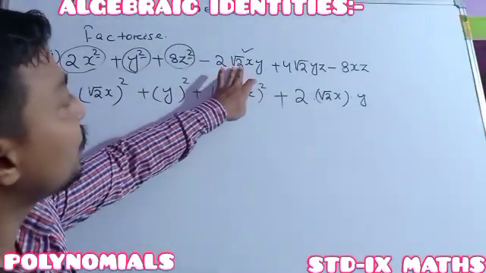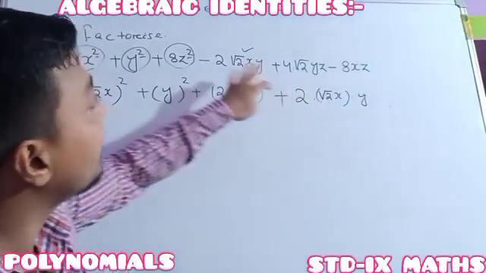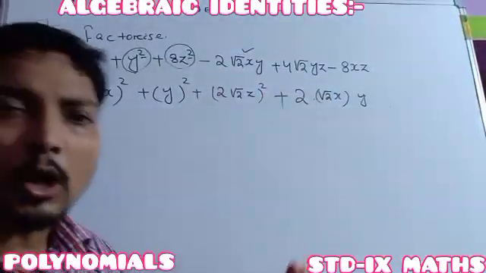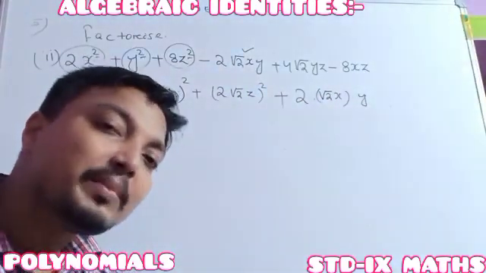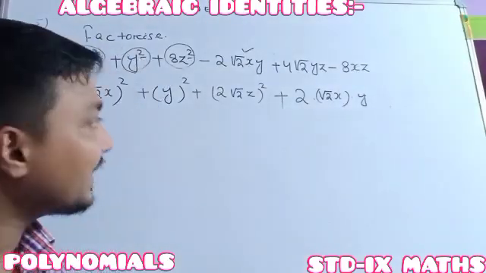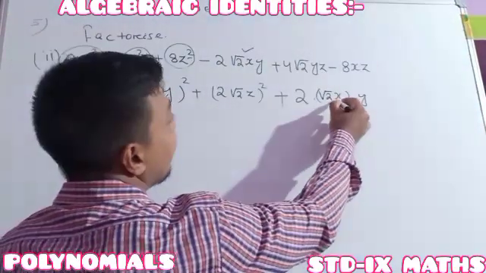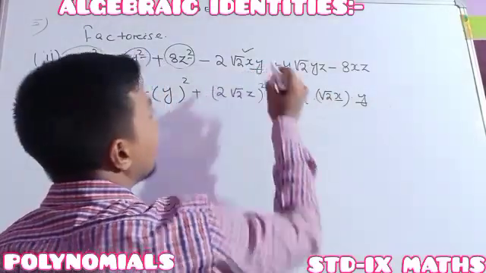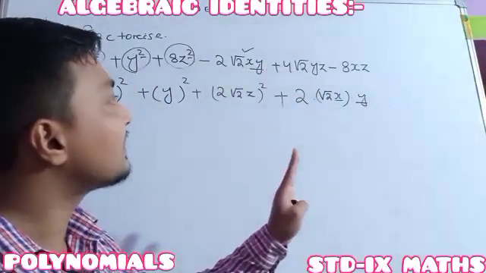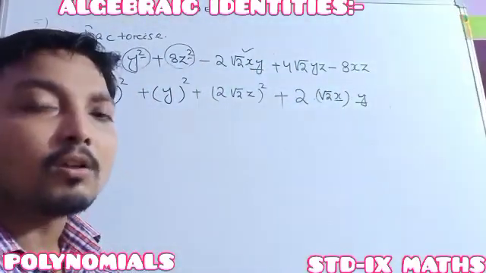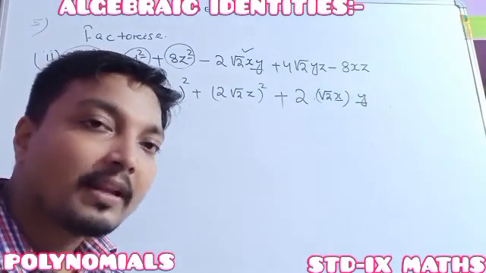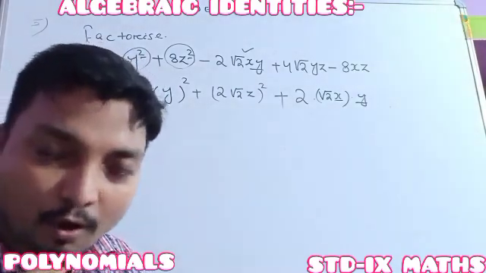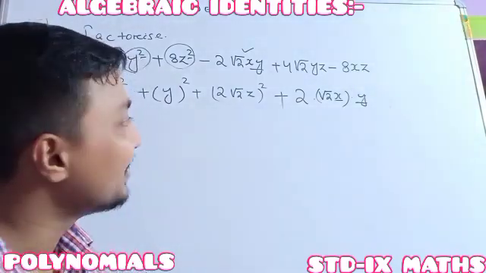See, 2 root 2, here it is 2 root 2, but here it is minus, here it is plus. No worry, plus minus arrangement we will do after that. Okay. Then after xy, here it is also xy. Otherwise, the number is already balanced. Also the variable is already balanced. Only the plus minus is not balanced. No problem. In the next step we will balance.